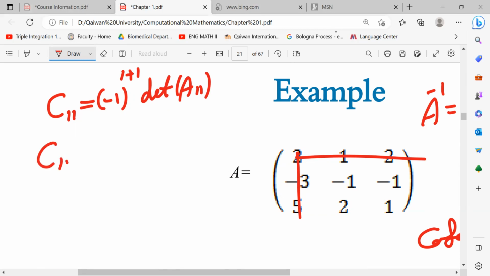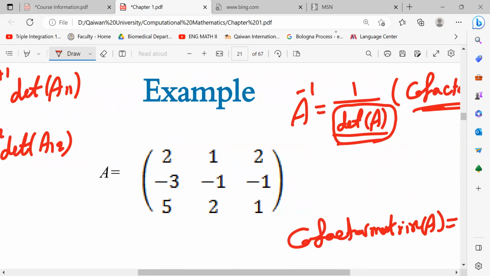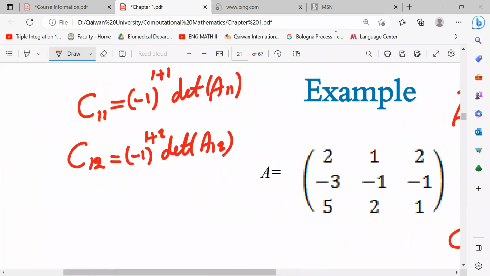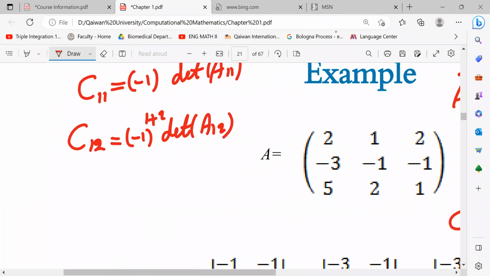And C12 is what? It is -1 to the power 1 plus 2, and determinant of what? A12. What's A12? We remove the first row and second column. We remove these two, we get this matrix. We find its determinant. I'm multiplying by -1 because the exponent is odd.